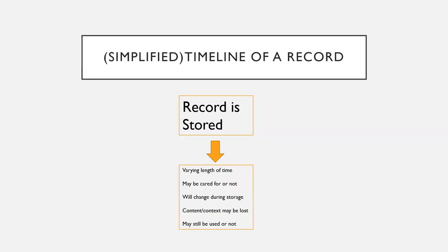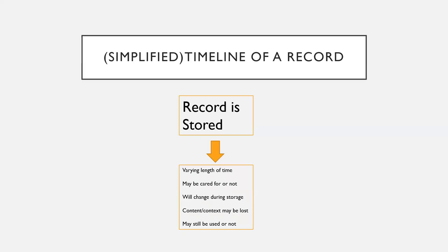As a record is stored for a long period of time, the information about who created it, who used it, what it was used for, and all the rich contextual knowledge that researchers want may be lost, especially if the person who created the records hasn't taken steps to make sure that that information is attached to the record in some form, via metadata or some other information contained within the record.